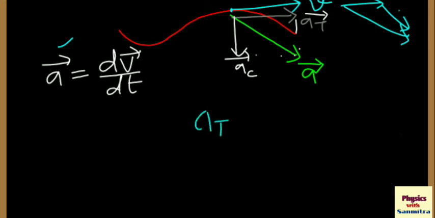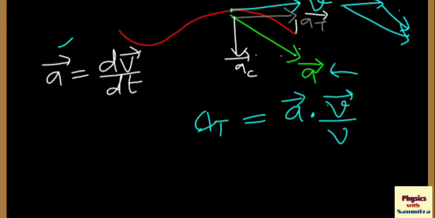Now let's find out what is the tangential acceleration. The magnitude, I am just writing at without the vector, so it is magnitude, that I can write very easily as the component of the total acceleration in the direction of v. So the component is a dot v cap, that is the unit vector along v, that is the v vector by v, where v is the magnitude.